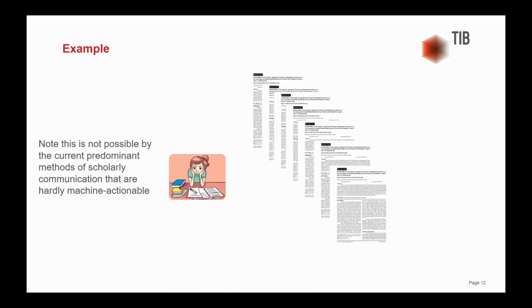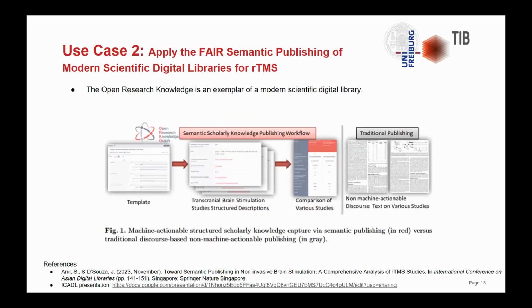Right, so this is currently not possible, obviously, by the current predominant method of scholarly communication that are hardly machine actionable. Another use case then is repetitive transcranial magnetic stimulation studies. We represented the salient properties around this research problem within the ORKG for different studies that were published over time, and then published a large-scale comparison.